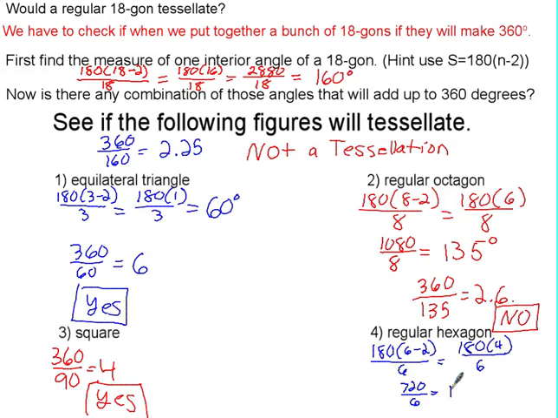So there's 120 degrees in a regular hexagon angle, and we need to do 360 divided by 120 to see if it tessellates. And 360 is divisible by 120. So yes, it does tessellate.